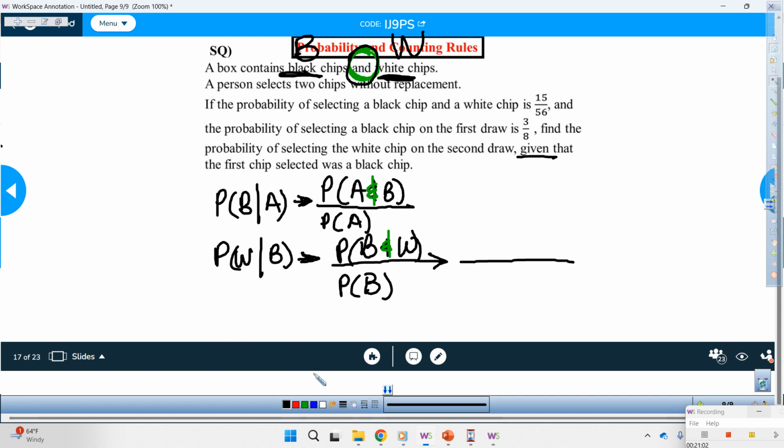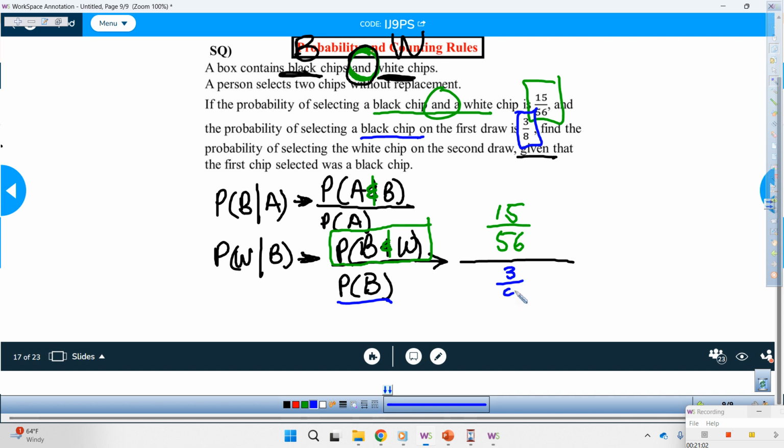So with that said, we need a probability for B and W. Did they give us one? Black chip and white chip. Yes, it's how much? 15 over 56. All right. Did they give us a probability for black chip only? Let's see. Black chip. Yes. How much is it? 3/8.